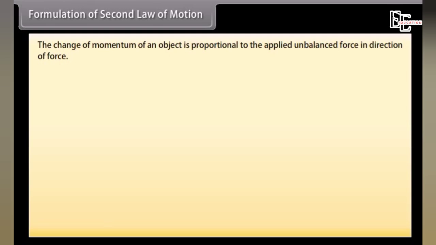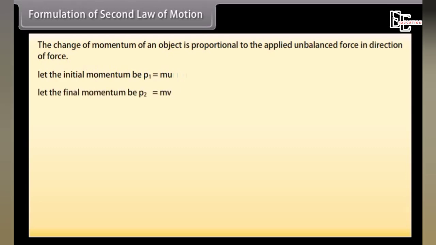Formulation of second law of motion. The change of momentum of an object is proportional to the applied unbalanced force in the direction of force. Let the initial momentum be P1, which equals mu. Let the final momentum be P2, which equals mv.